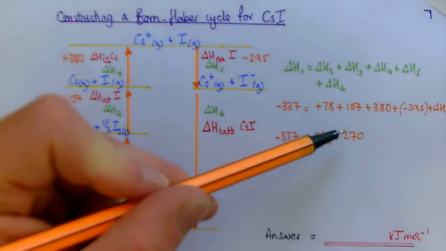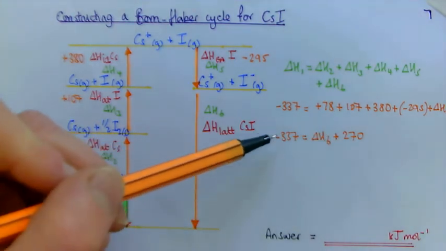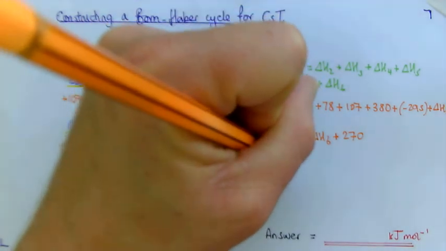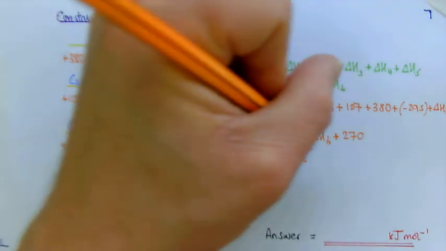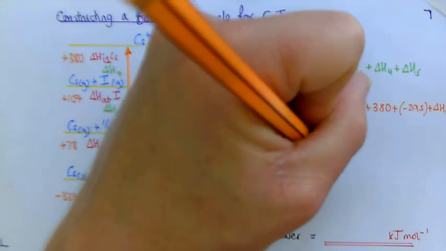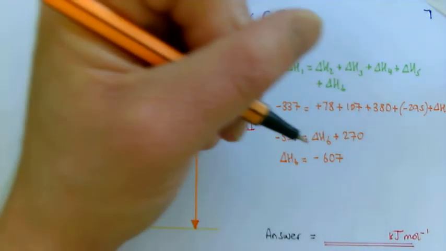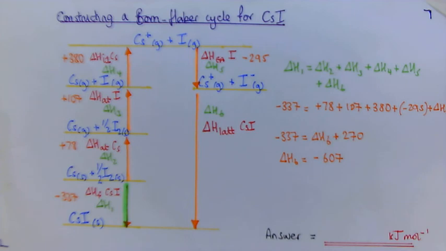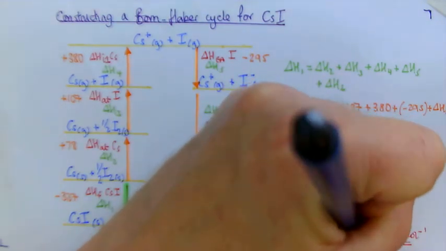We take 270 away from this side and 270 away from that side, and you end up with your lattice enthalpy being minus 607 kilojoules per mole. You can write a final answer down here.